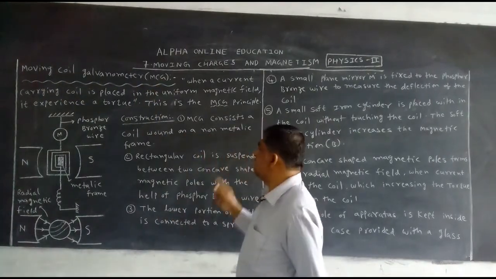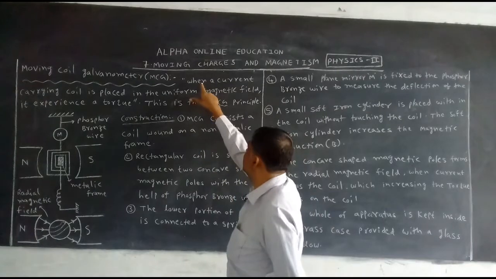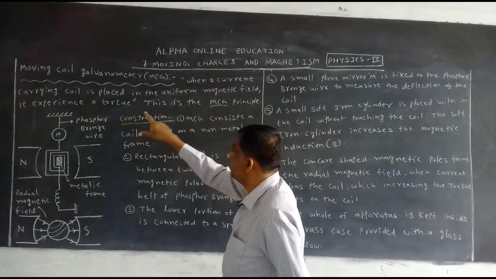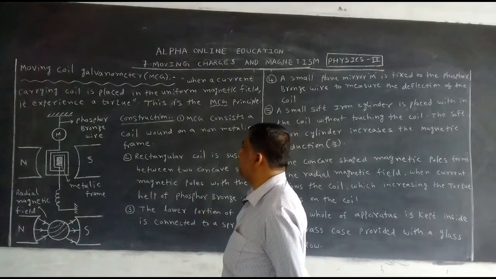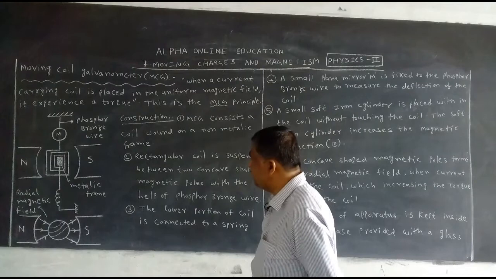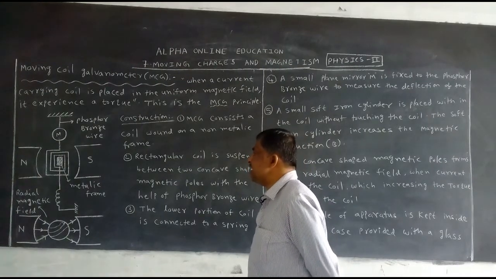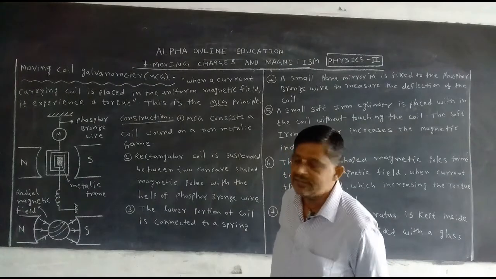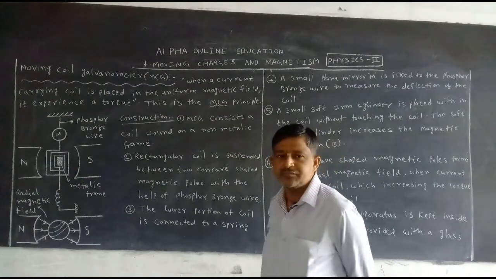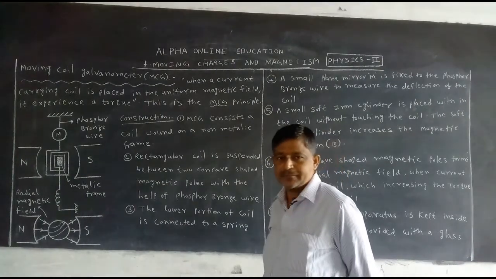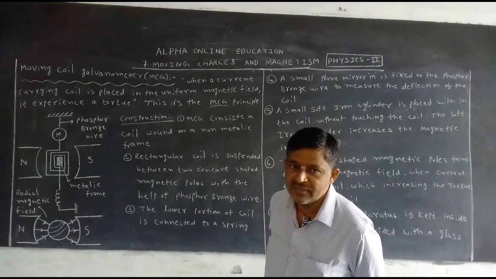Now, what is the principle of MCG? When a current carrying coil is placed in a uniform magnetic field, it experiences a torque. This is the principle of MCG. It may be given in the examination for 2 marks: write the principle of MCG.